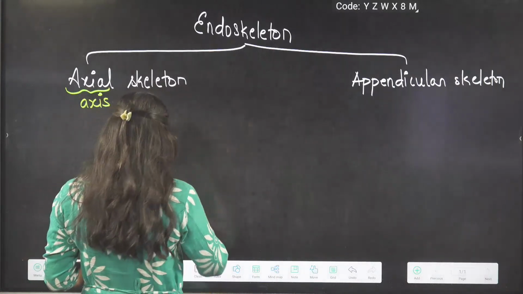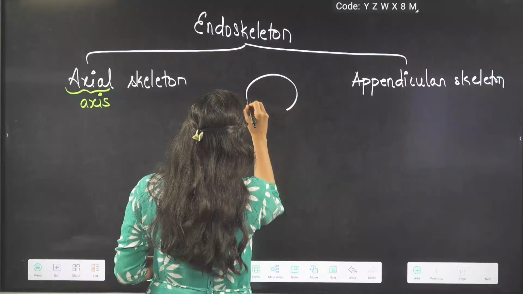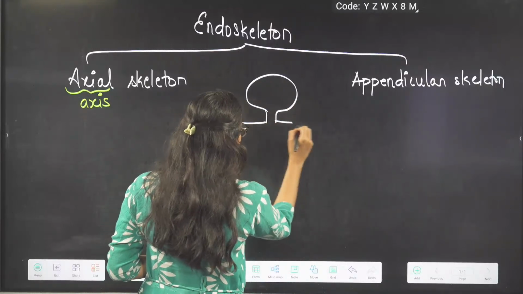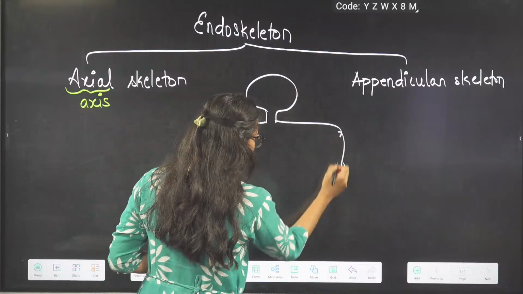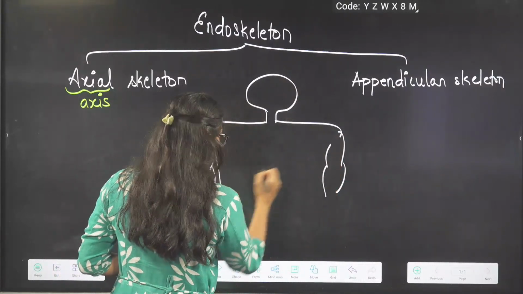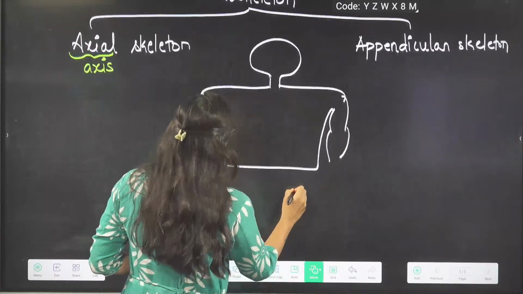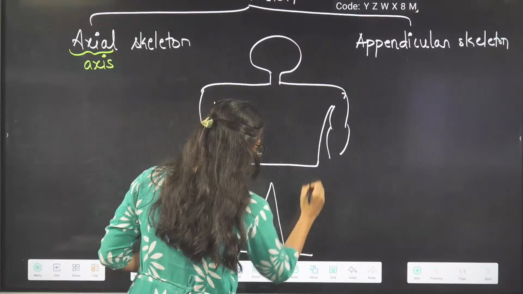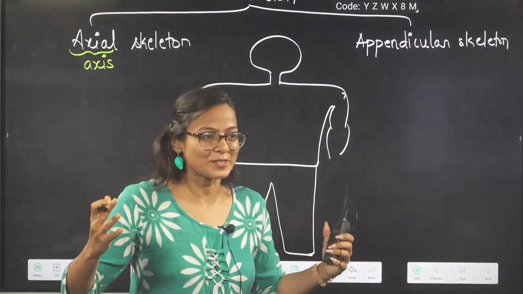Now, how will we remember this? Let's see it in a diagram. So now I will just draw a human body. A very muscular man you can see over here. I know the legs have become very short and the body has become very broad.